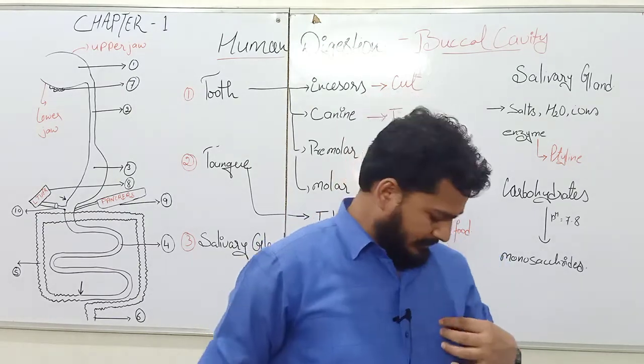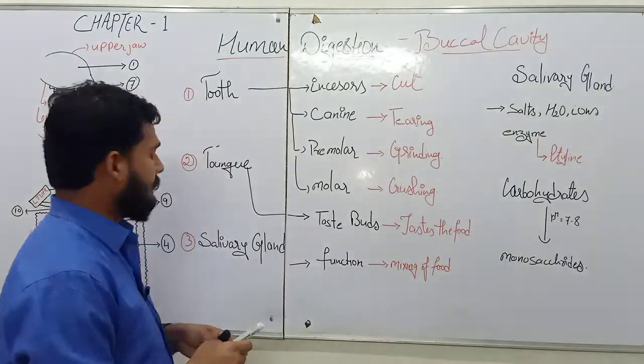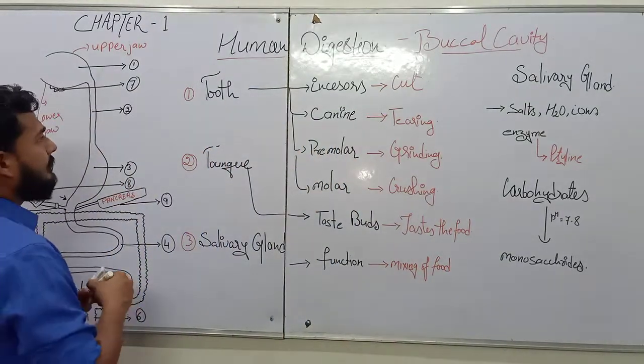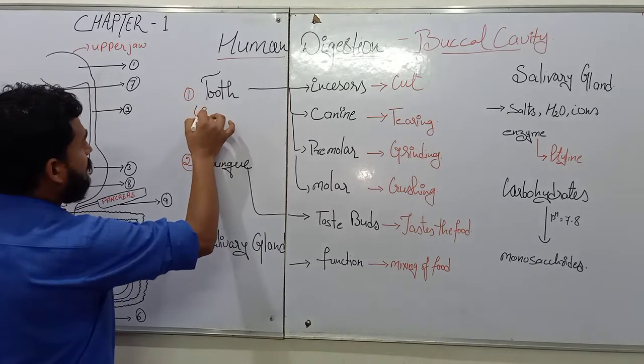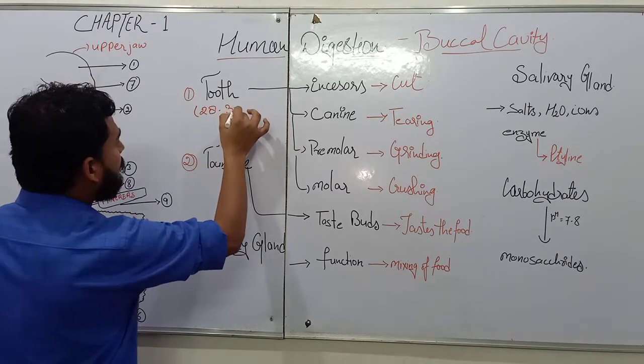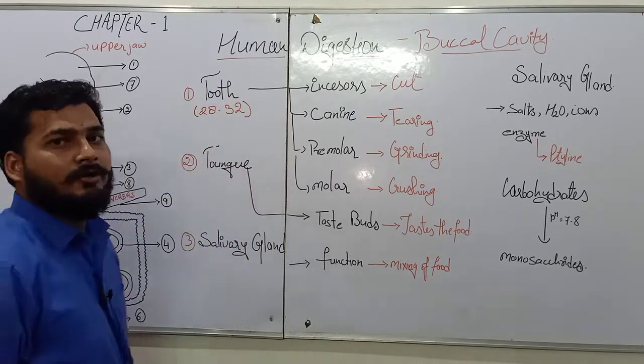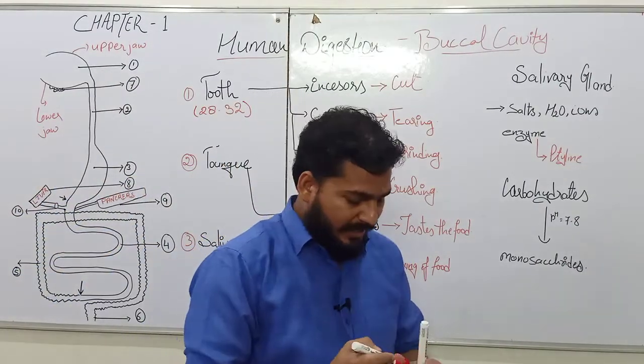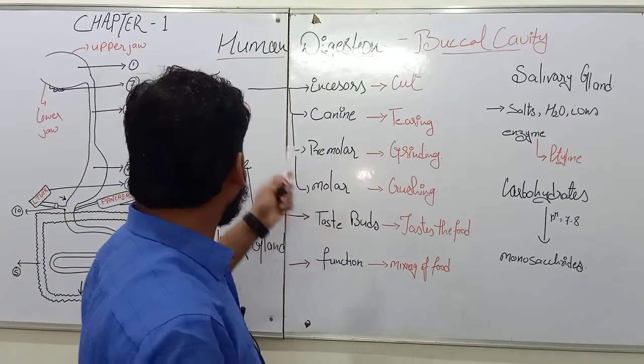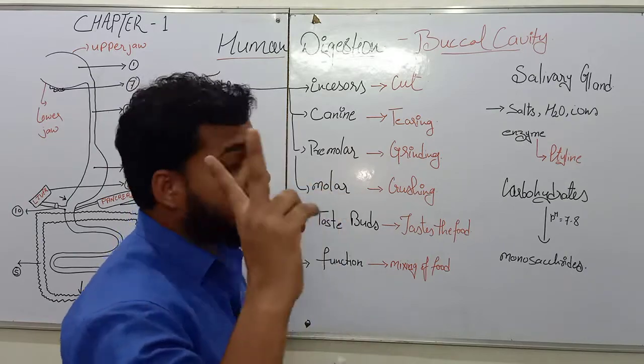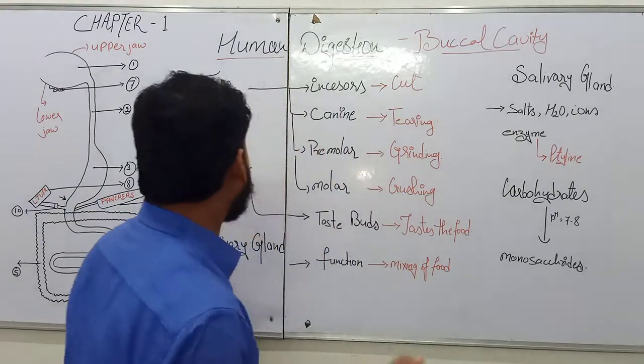In an adult grown-up human, the tooth count is from 28 to 32. And here, while talking about tooth, two new terms come into existence.